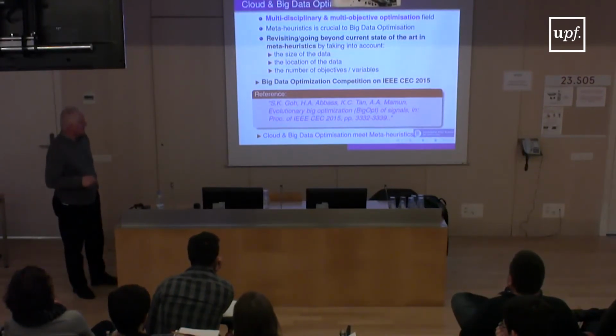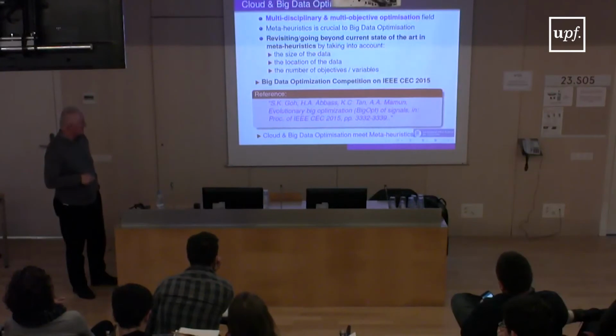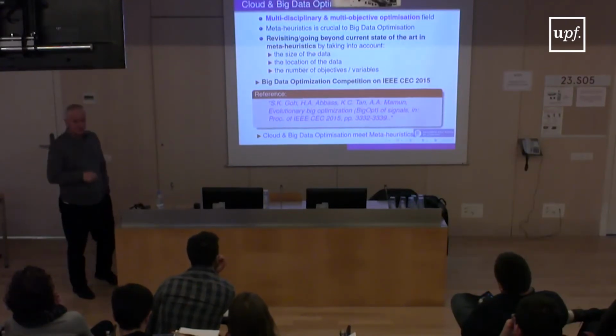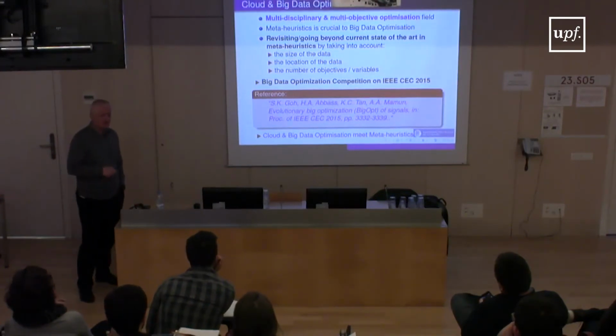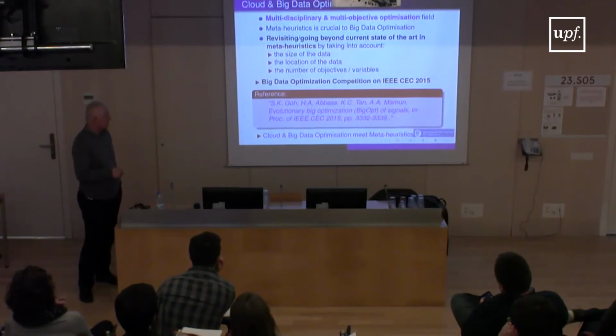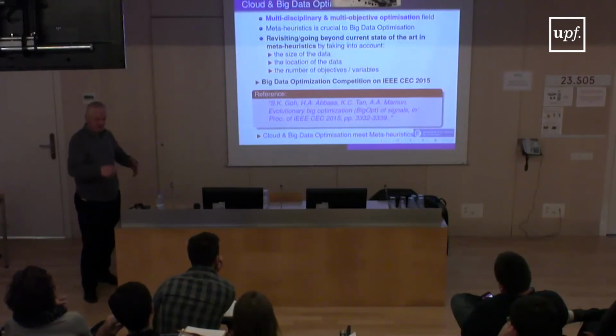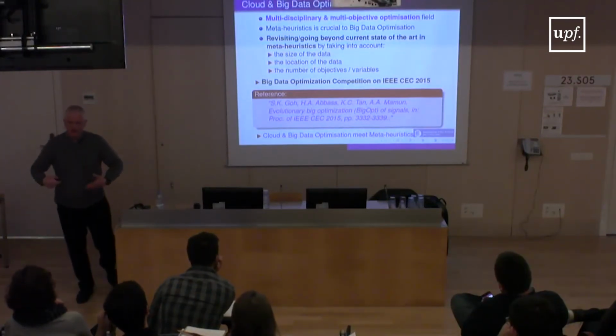In the Evolutionary Computation Congress in 2015, one of the competitions admitted was a big data optimization competition. So if you are interested in this, you can have a look at this paper, and obviously for the case of evolutionary big data optimization. That means there is a community behind this.